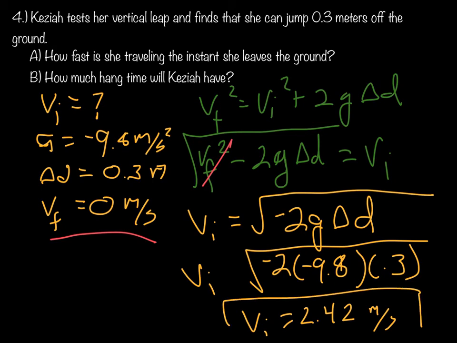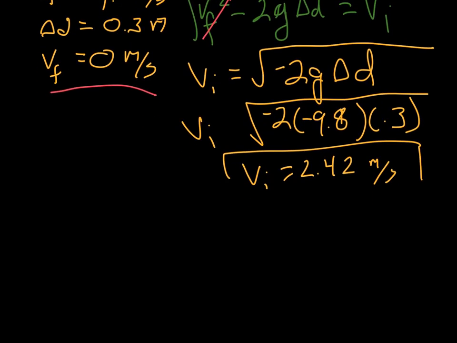Now for the fun part, how much hang time will she have? I'm going to slide this up a little bit, because for hang time we need to know time. We know that her final velocity is 0, and we just found her initial velocity. We know that we have her g, and we're solving for t.